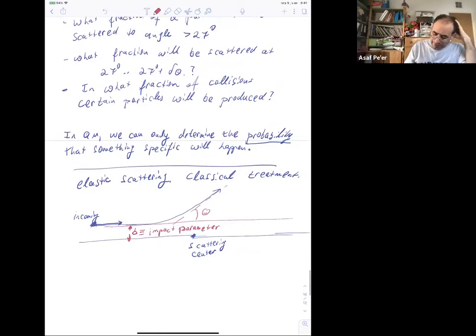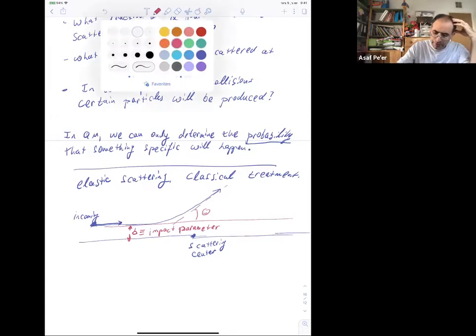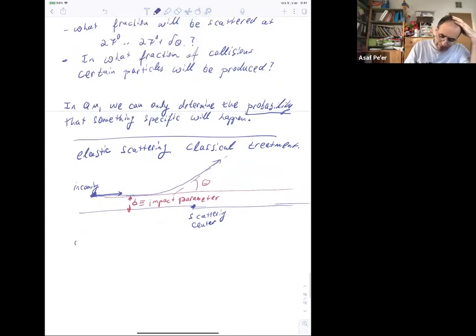Now, although classically, so okay, do I need to define the impact parameter? Let's write it down. Right, impact parameter B is the distance. This is a classical definition, right?